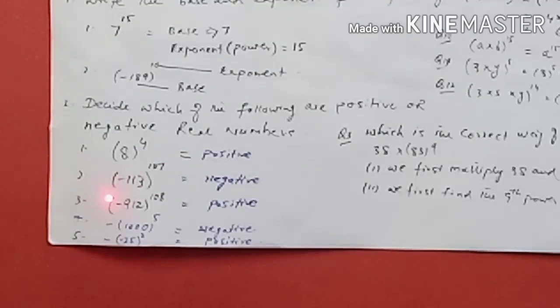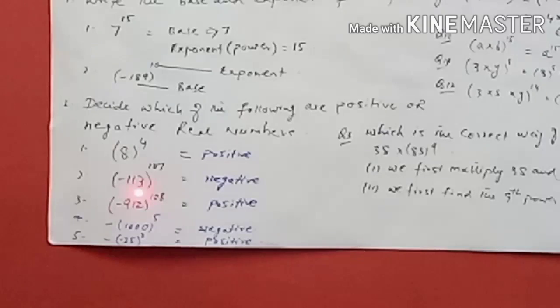The term is negative because the negative sign is inside the bracket. The exponent is 107. The last digit of 107 is 7, therefore it is an odd number. If any negative term contains an odd exponent, it always gives us a negative real number.